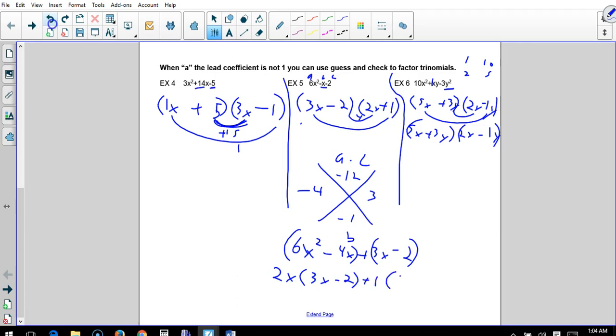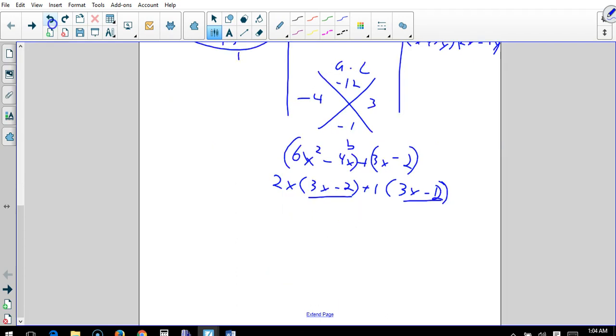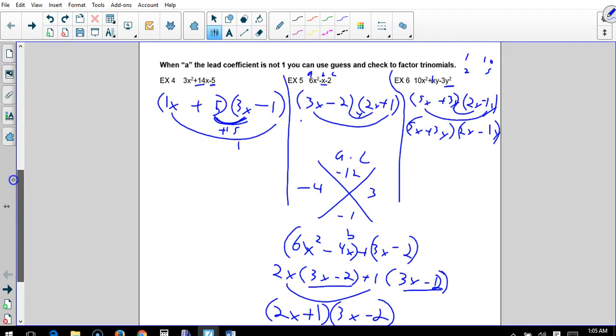Plus 1 times 3x minus 2, because I can't take anything out of this one. I want these to be the same, and I hook these up, and there's my two parentheses. 2x plus 1, 3x minus 2. And notice that's what we got up here.